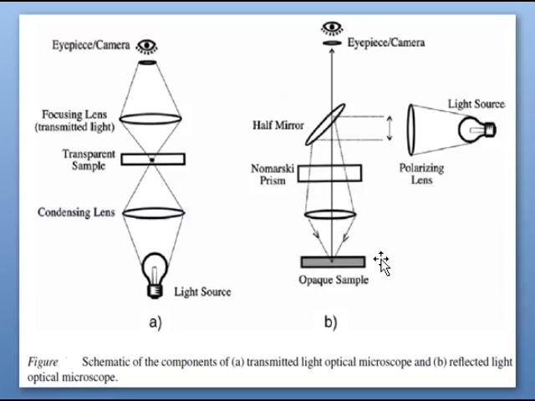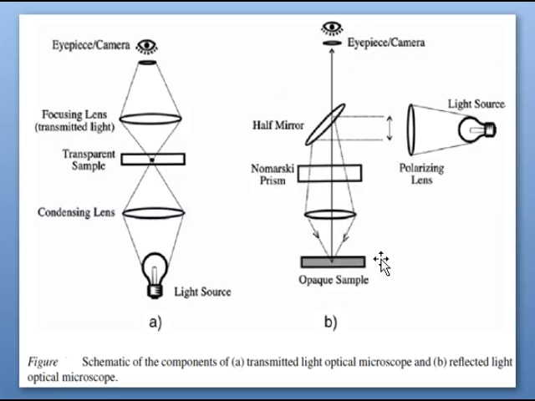The eyepiece has a certain amount of magnification, and the objective lens, that is the focusing lens, also has a certain amount of magnification. The combination of these two magnifications will give you the combined magnification.